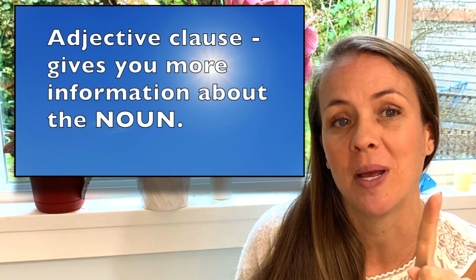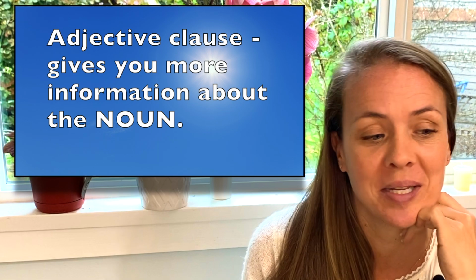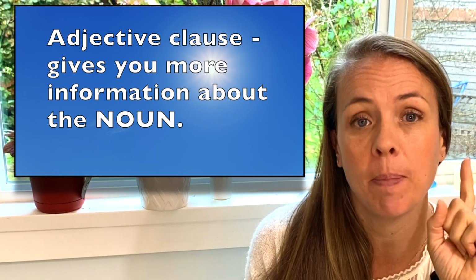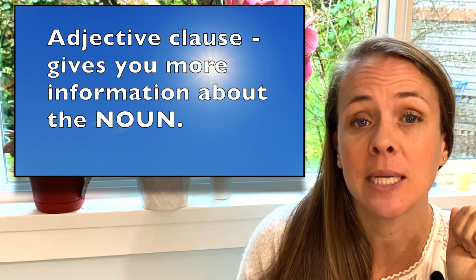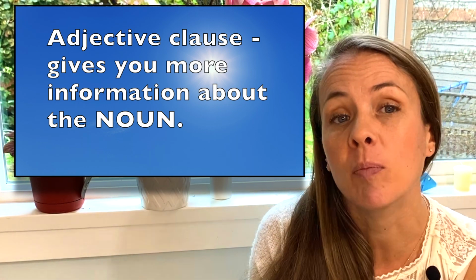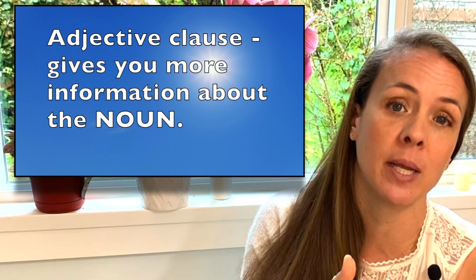So the first one is called an adjective clause. So these are all subordinate clauses. The first one, adjective clause. So these clauses act like adjectives. So adjectives give more information about the noun, right? They describe a noun.